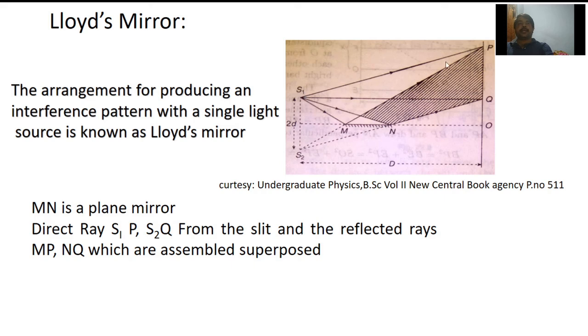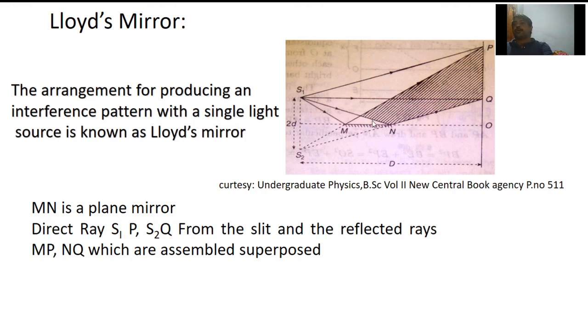The direct rays S1P and S1Q from the slit S1 and the reflected rays MP and NQ, which appear to be coming from the source S2, are superposed and produce an interference pattern on the screen.